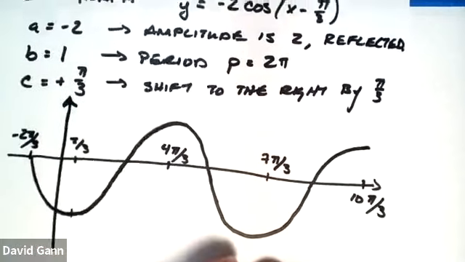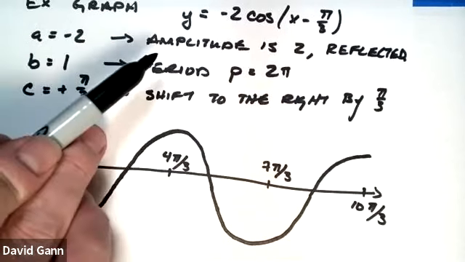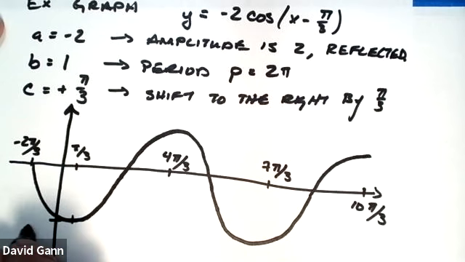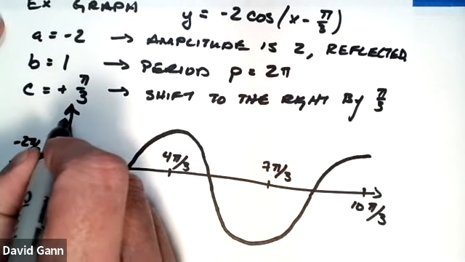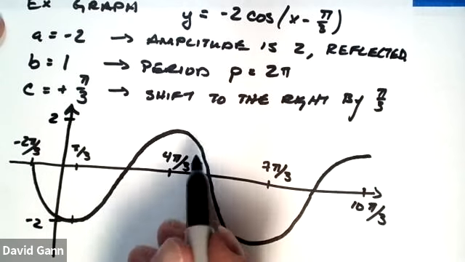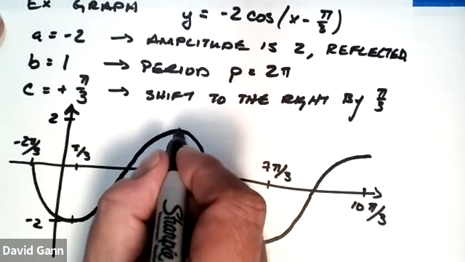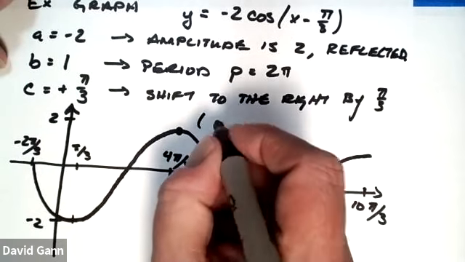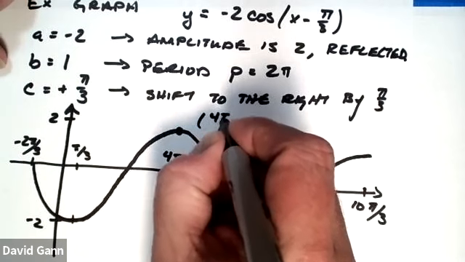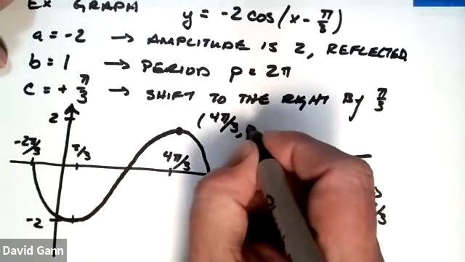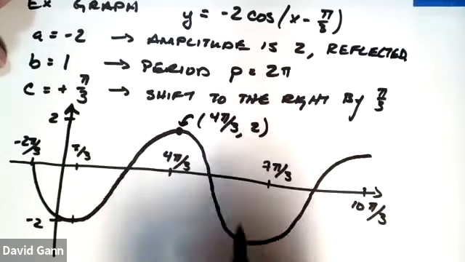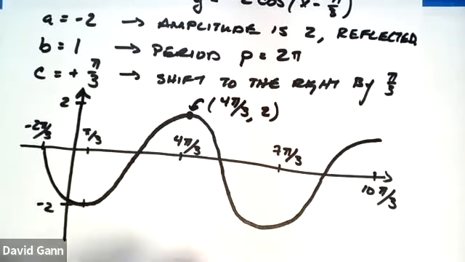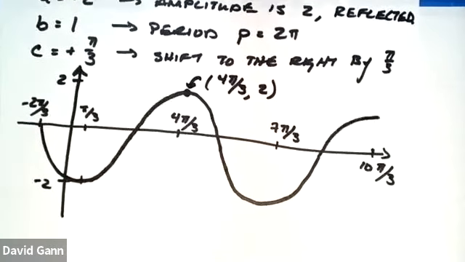Because the absolute value of A is 2, the amplitude is 2, which tells us this thing oscillates between -2 and 2. If we were to label this coordinate, which is not really necessary for the graph, its x coordinate is 4 pi over 3, and its y coordinate is 2. We could do that for other points, but it does help you visualize what's going on there.